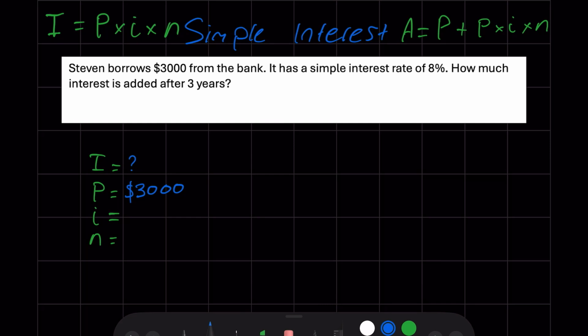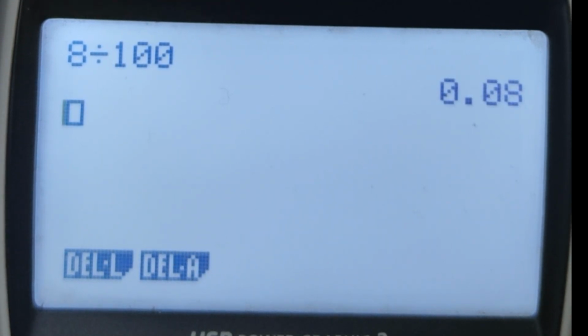Our little i is our interest rate. Now, if you look at the question, it has a simple interest rate of 8%. So I'll do 8%, but there is a trick with this, because we need our little i as a decimal, not as a percentage. I could go into a video as to the differences, but the only thing you really need to know is that we are going to divide this by 100, which gives us 0.08. If you look over on my calculator, I go 8 divided by 100, and it equals 0.08.